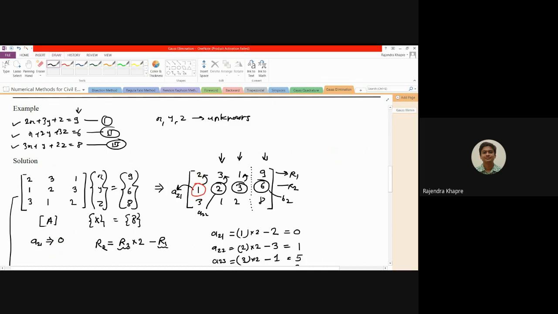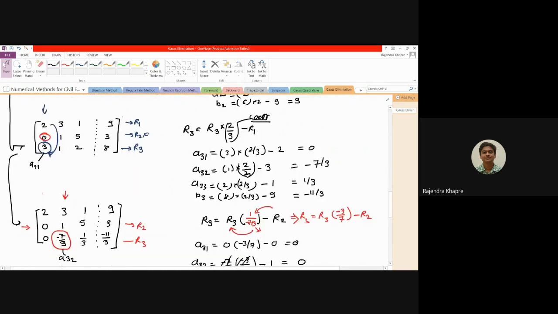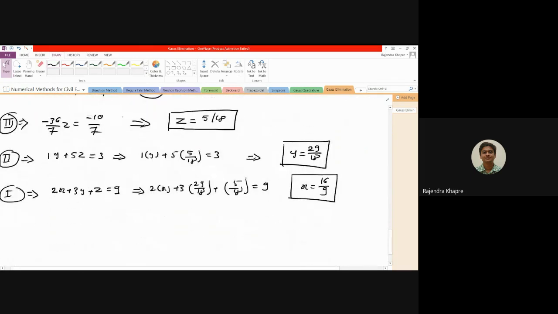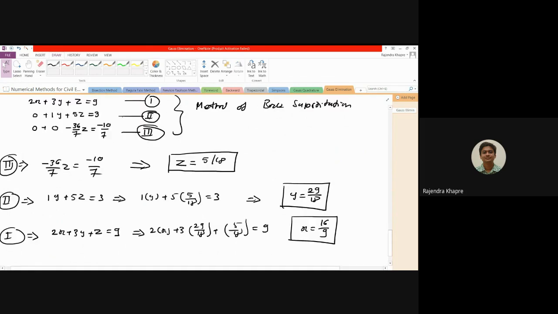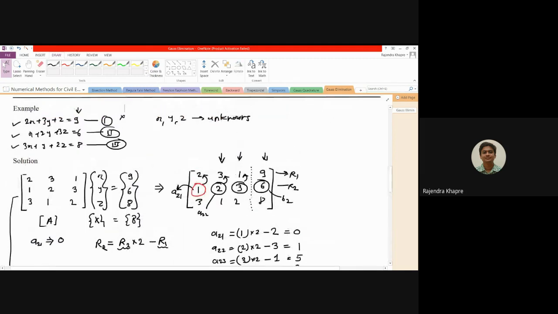But to verify this, I won't be using equation 1, because if you remember, we have calculated the value of x using the first equation. So other than the first equation, you can verify these values using either equation number 2 or equation number 3.